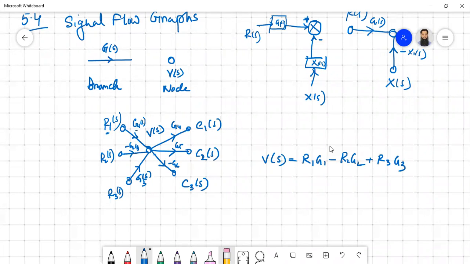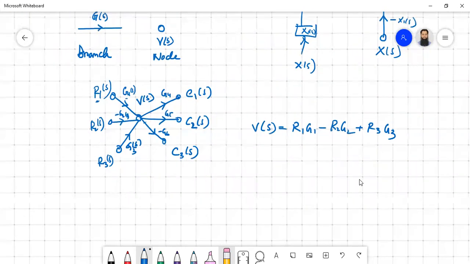Any node is the summation of all its inputs, and every node contains whatever value it has after the summation. It is forwarded to all the output paths.